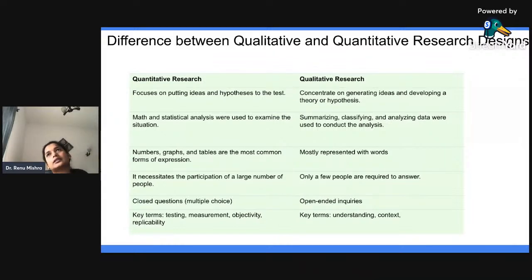In qualitative, I'll not say it is only with words; there are also data visualization tools, but to a lesser extent. A major difference is that in qualitative research, you are more towards open-ended data collection, while in quantitative, you are towards dichotomous, that is yes or no, or close-ended questions.